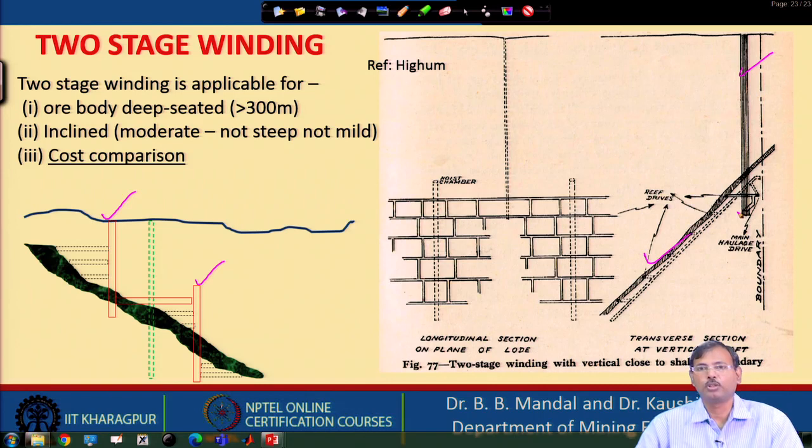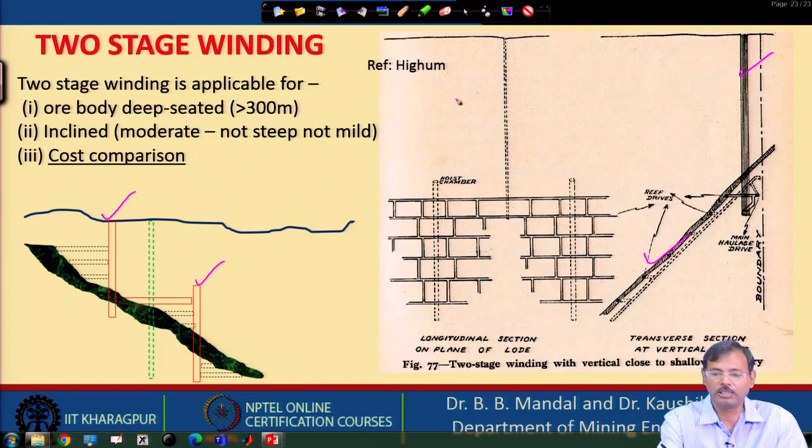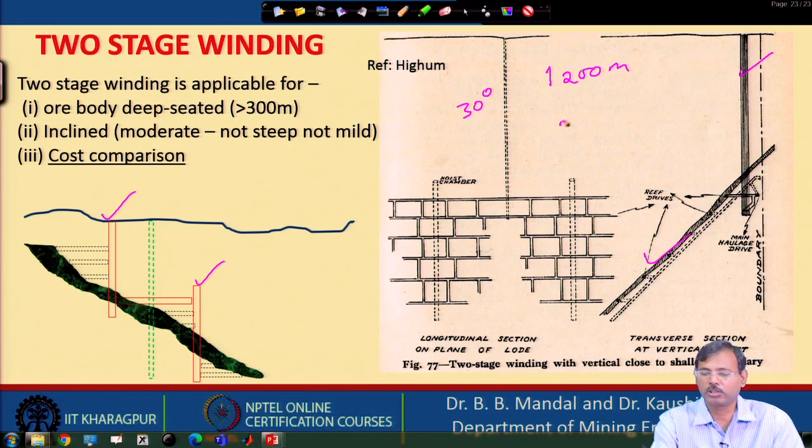But generally if the deposit is not very inclined, we do not go for the incline, because an incline is an additional cost as its length increases. Suppose the incline is made at a 30° angle and the depth is 200 meter, then you have to construct 200 by sin 30, that is a 400 meter shaft.